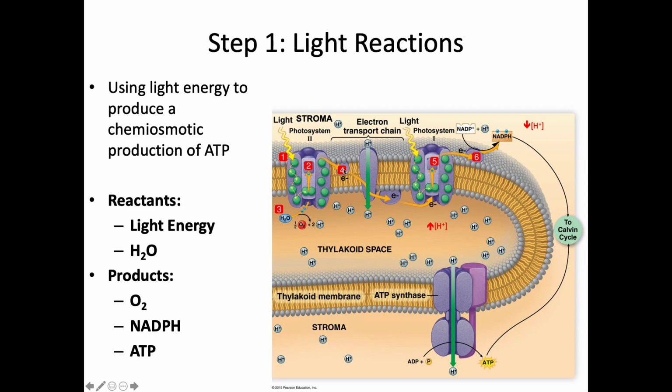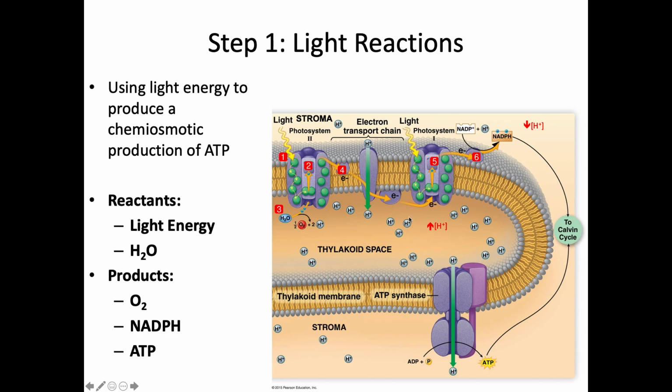Nothing really happens. And then the electrons go to this protein that spans the membrane. What do you think is going to happen? Just like in cellular respiration, these electrons are going to energize this protein to pump hydrogen ions or protons from the stroma into the thylakoid space.